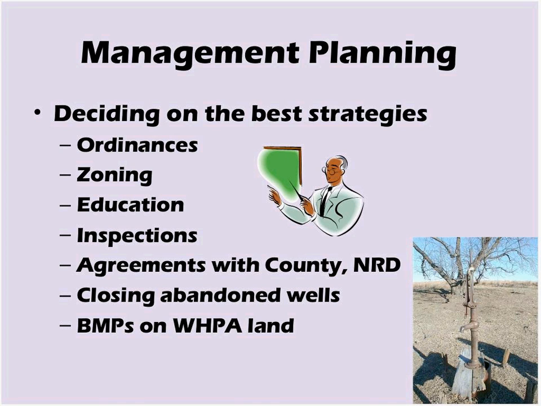There's a variety of ways to do this, which can include things like local ordinances, city and/or county zoning regulations, education efforts, inspections, agreements with other entities to regulate potential contaminants or threats to water supply quality issues, closing abandoned wells, and even implementing best management practices on rural and even urban wellhead protection area land.